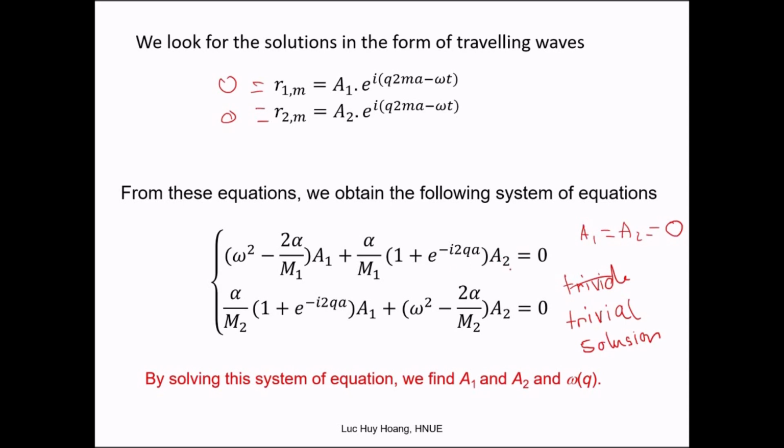So you have to solve this set of equations with a non-trivial solution, so that A1 and A2 are different from 0.